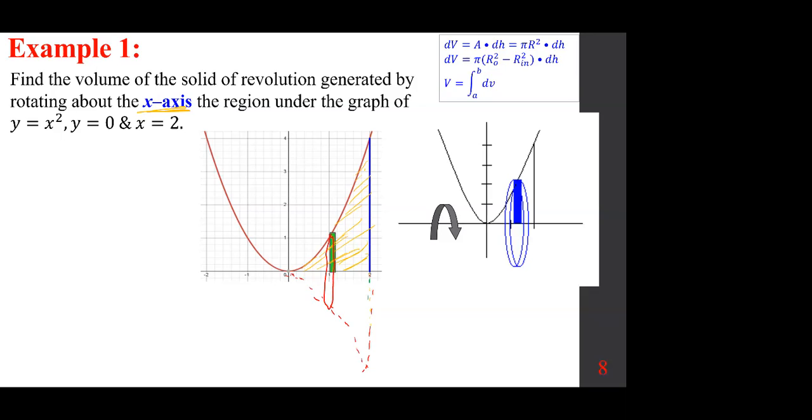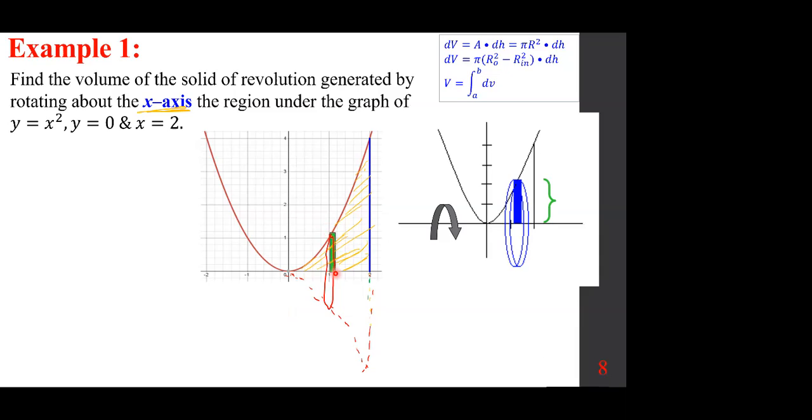And so for this vertical strip, we want to create a volume. The volume that we want to create, class, is the area of this disk times its thickness. The thickness clearly is dx. And what is the area of this? Pi r squared. So the question is, what is r? I hope you realize that r is the y coordinate, if you will.